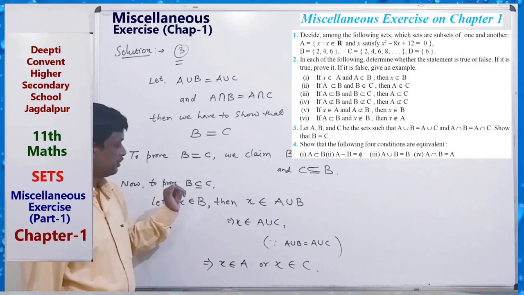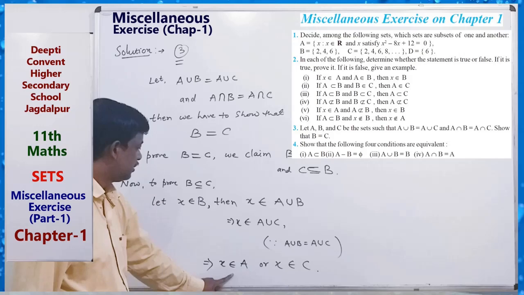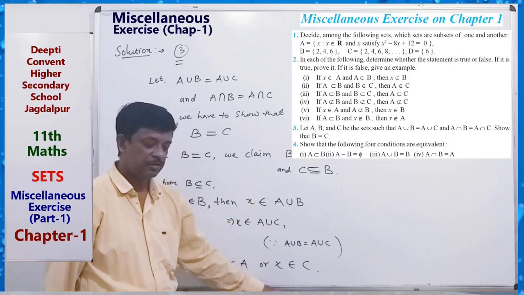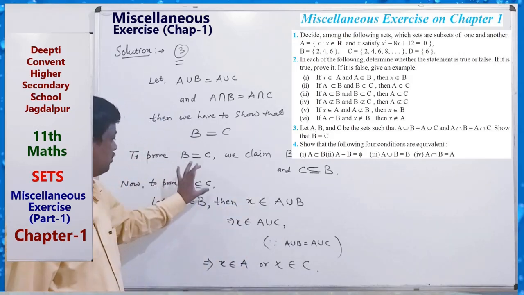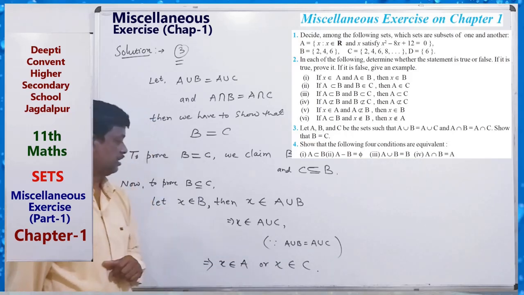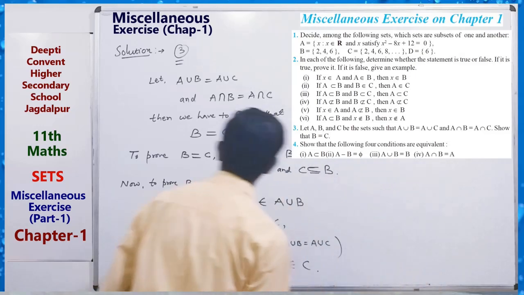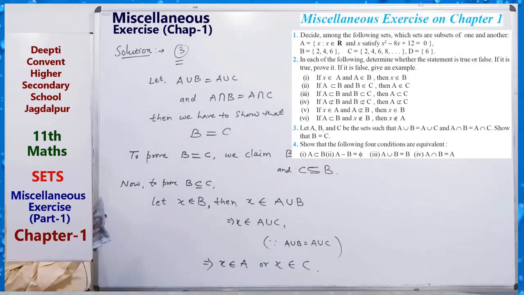Now, if X belongs to A, and if X belongs to C, we have to show that X belongs to C. So one condition is okay, and then if X belongs to A, then after this line, our target is what?